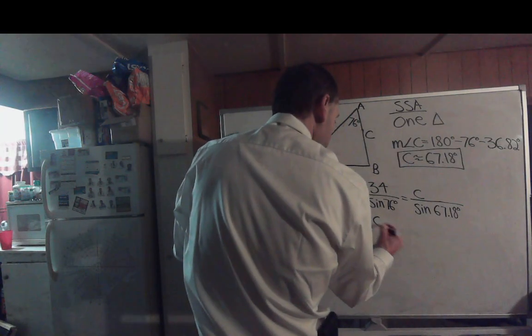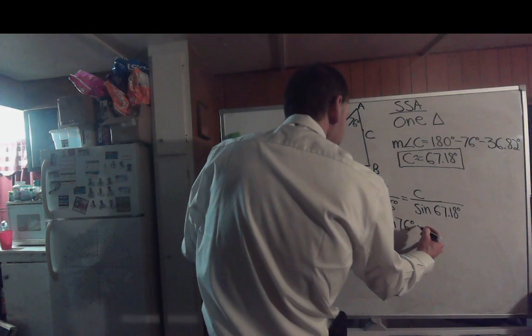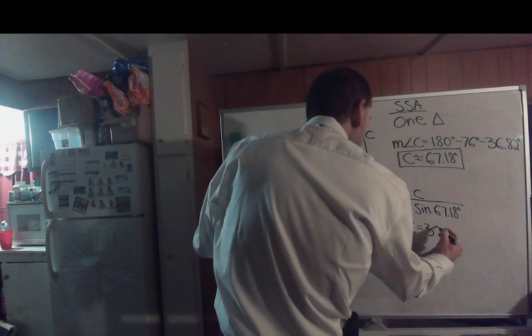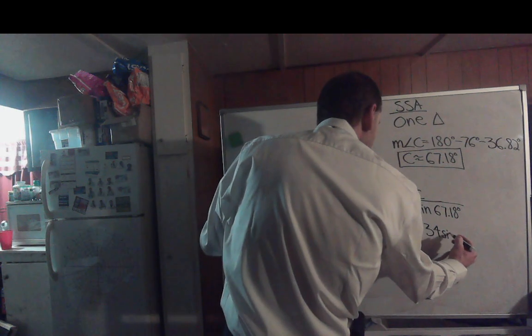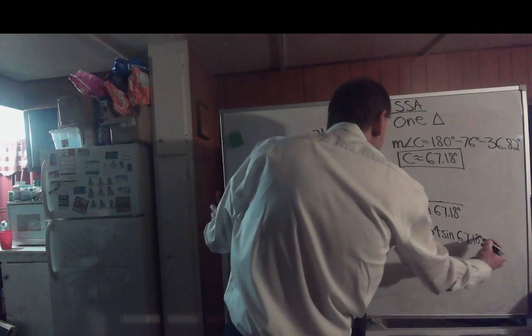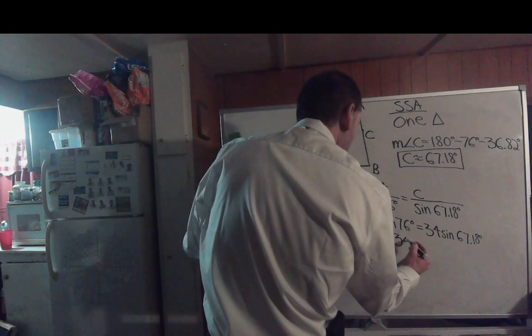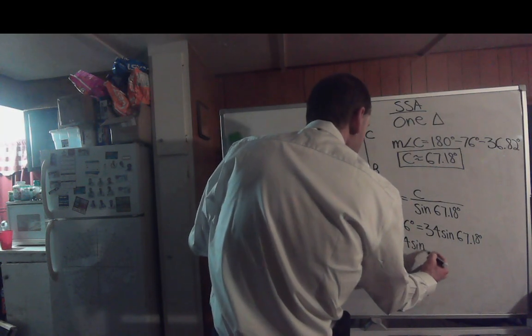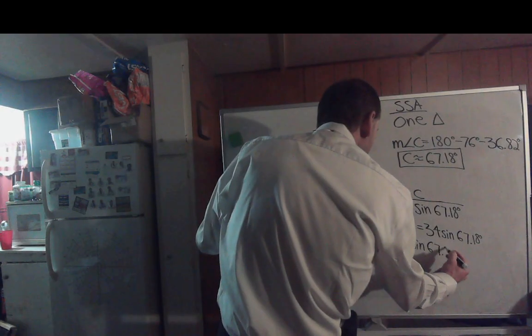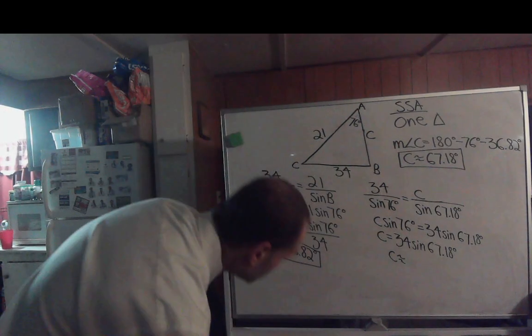So that means C times the sine of 76 degrees is equal to 34 times the sine of 67.18 degrees. So C equals approximately 34 times the sine of 67.18 degrees, which now we should be able to get a 2 decimal place approximation.